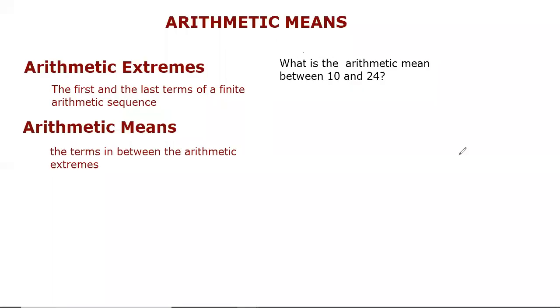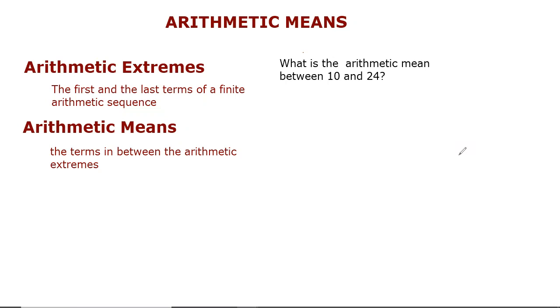For example, we have this problem: what is the arithmetic mean between 10 and 24? When we say arithmetic mean, tapos wala naman po silang sinasabi kung ilan yung hahanapin natin, ibig sabihin po niyan, isa lang po yung hahanapin natin.